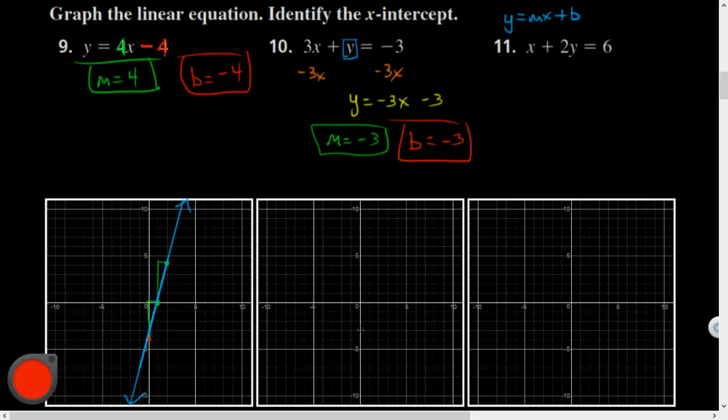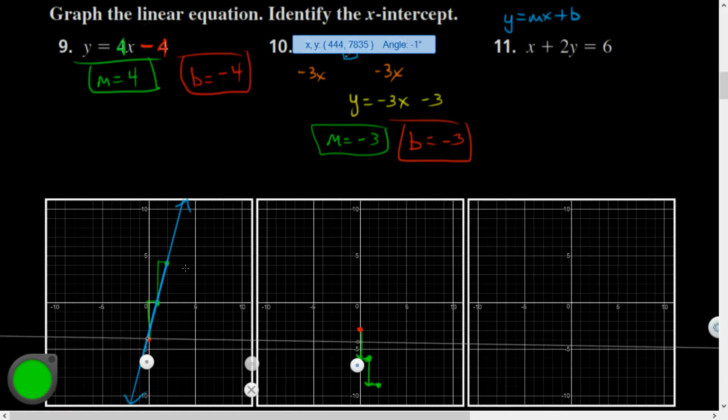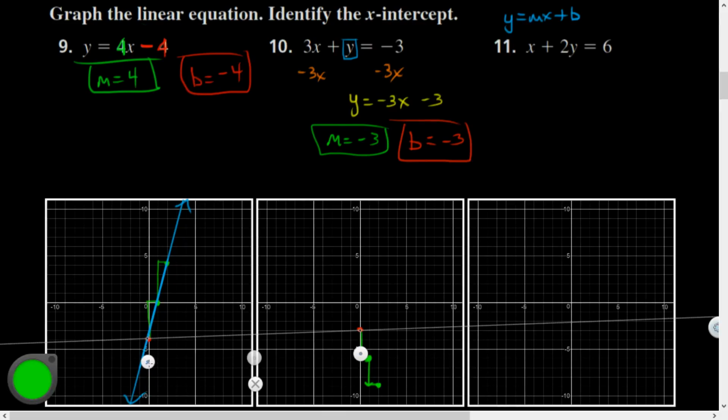So to graph this, the y-intercept starts at -3, and then watch me move by my slope. Down 3 and over 1. And do it again. Why not? Down 3 and over 1. All right, and then I'm going to draw my line.